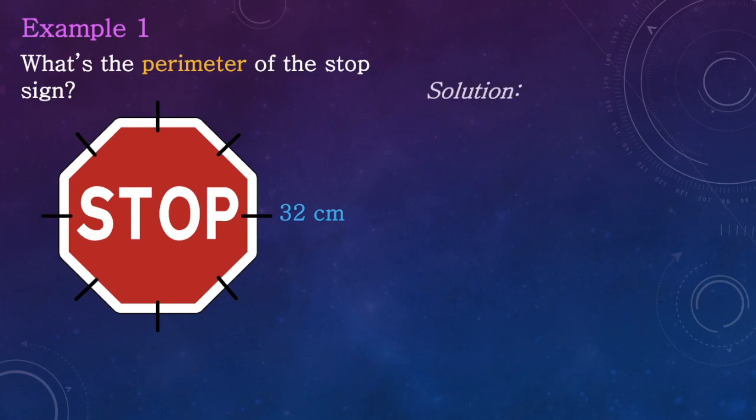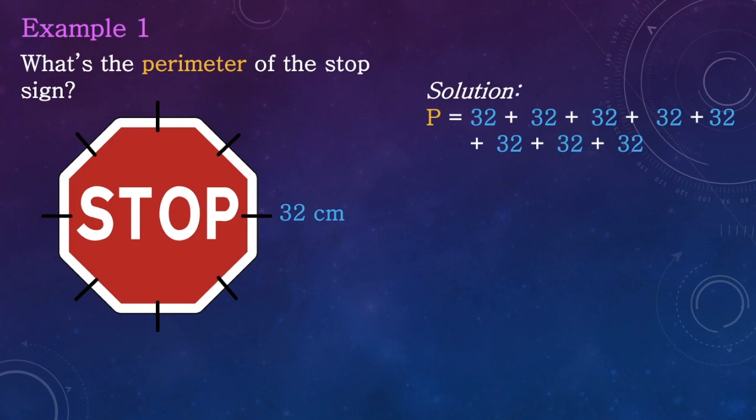So here's what you could do to solve this. You could do method 1, which is simply by adding 32 plus 32 plus 32 plus 32, and so forth. But you might see 2 problems with that. One, it's really long to write and to then put into your calculator. You're wasting a lot of time. But at the end of the day, it is going to give you 256 centimeters.